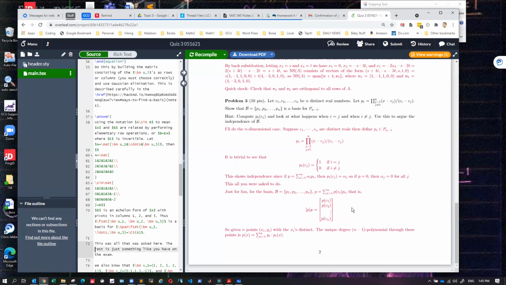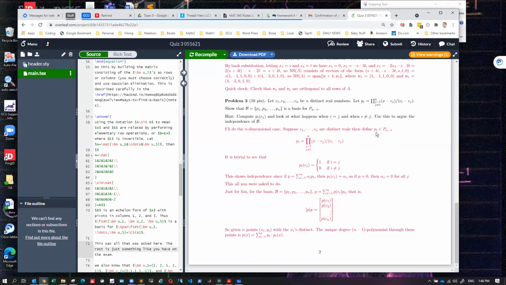So, you give me n many points on the line, and an arbitrary polynomial, and I can rebuild that arbitrary polynomial in terms of these specific n minus 1 degree basis polynomials. It's a well-known theorem, maybe.